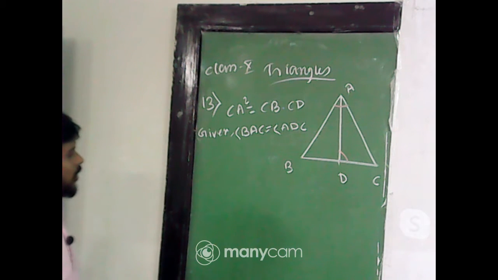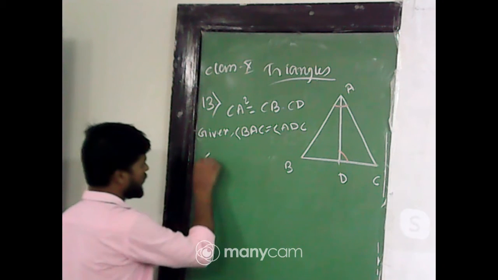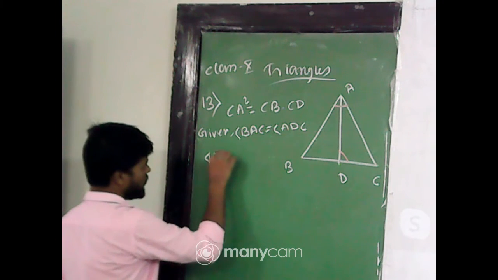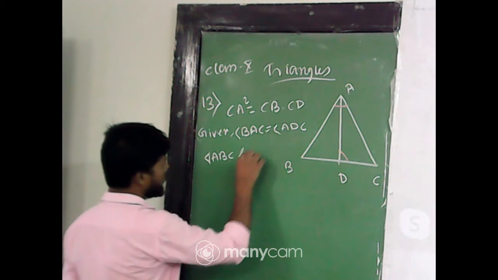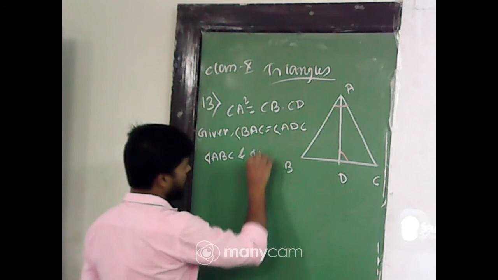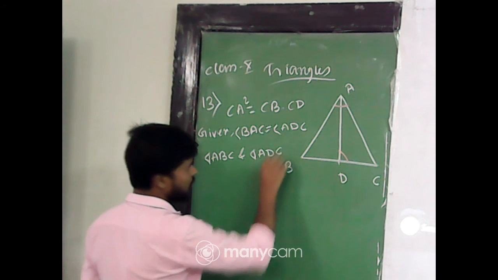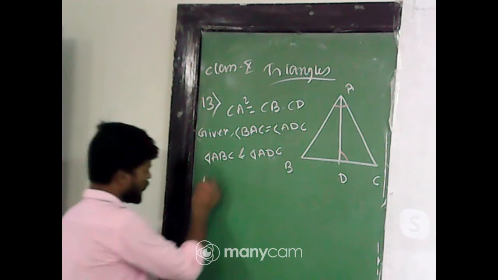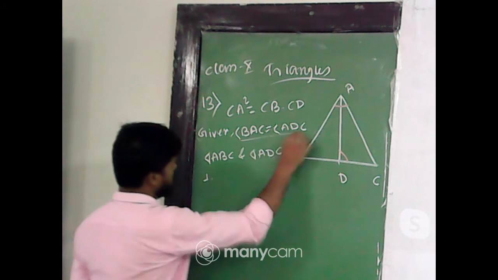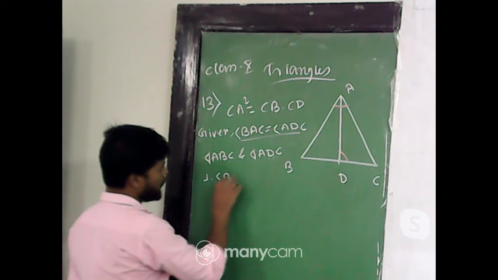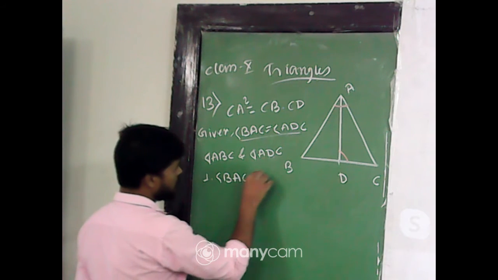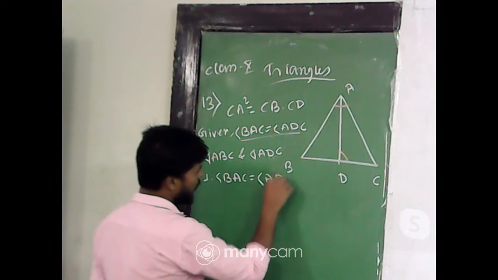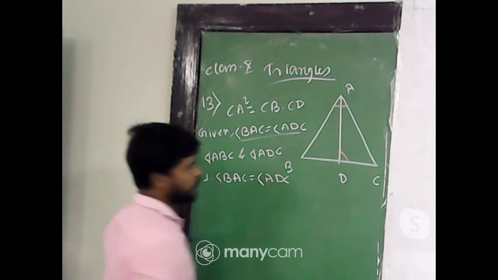Now, if we compare the triangle ABC and the triangle ADC, the first condition will be: angle BAC is equal to angle ADC. These two angles are equal.